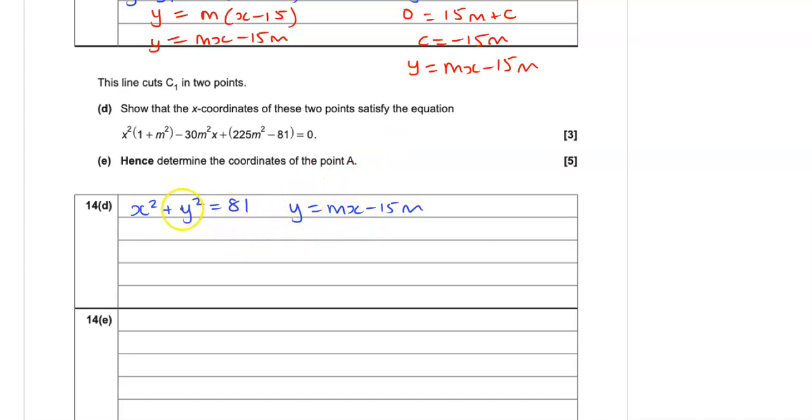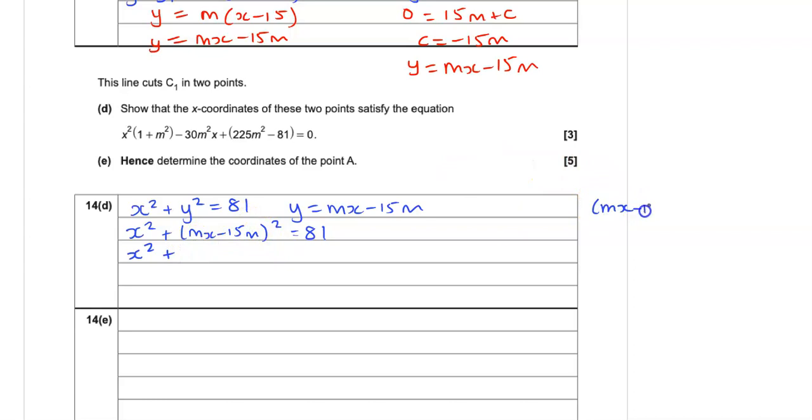So we're going to replace y in here. That's going to give us x² + (mx − 15m)² = 81, which is x² plus now (mx − 15m)².